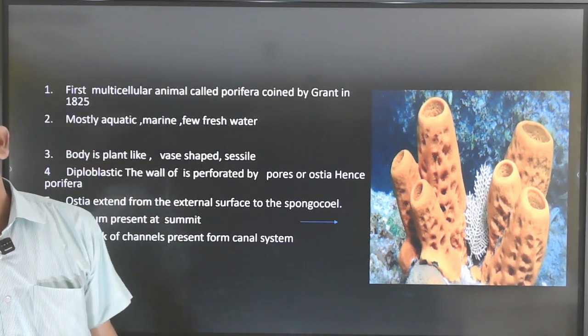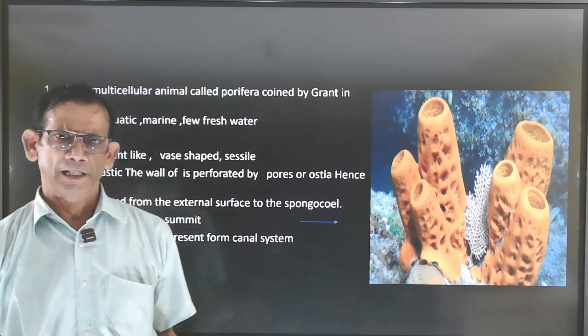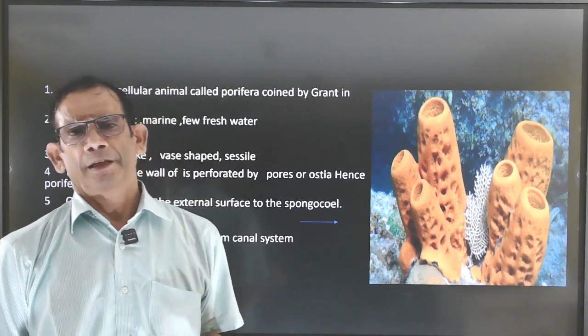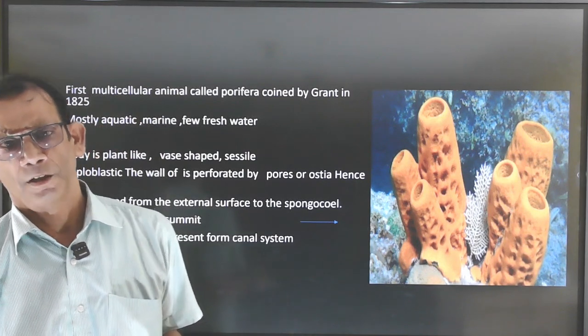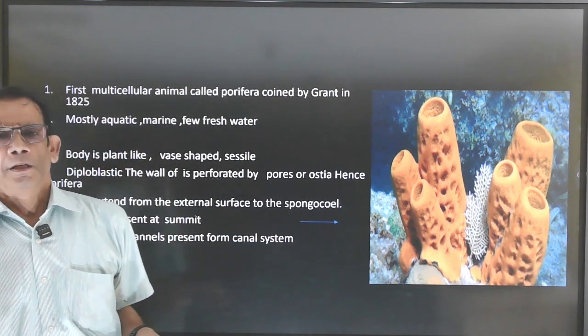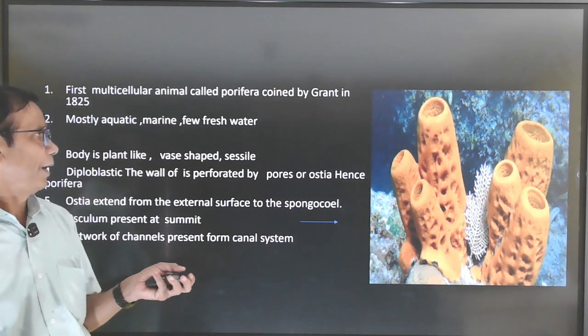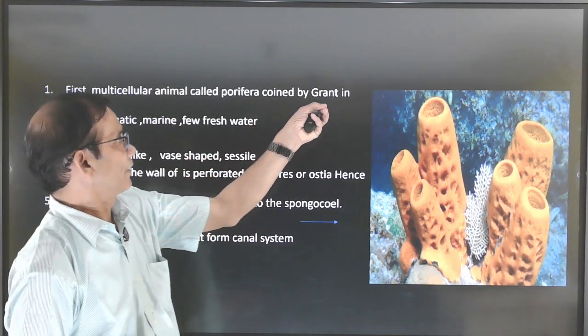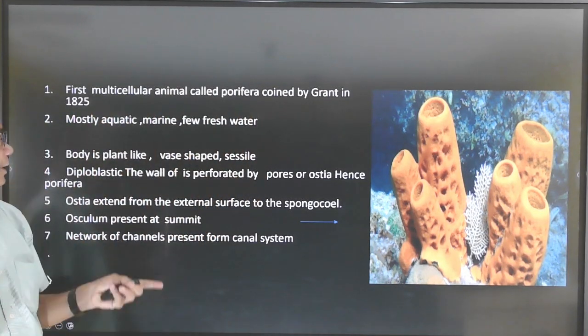So why are they called Porifera? Because in their body they have pores, so they are called pore bearing animals, a name coined by a scientist known as Robert Grant in 1825.